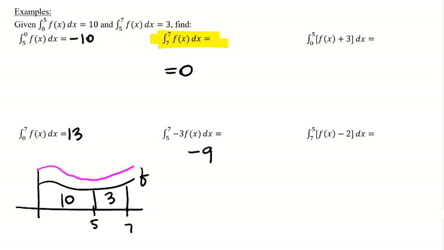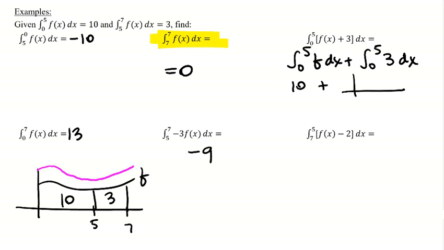So it's going to be the integral from 0 to 5 of f plus the integral from 0 to 5 of 3. Now the integral from 0 to 5 is 10. And then 3 times 5 is going to be 15. So 10 plus 15 is 25.